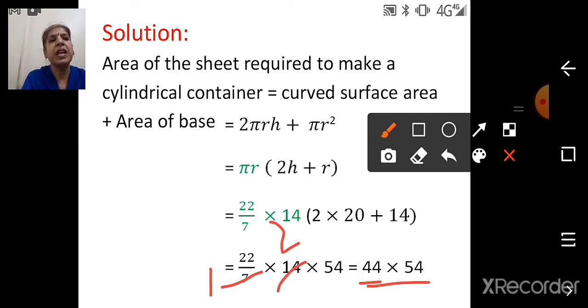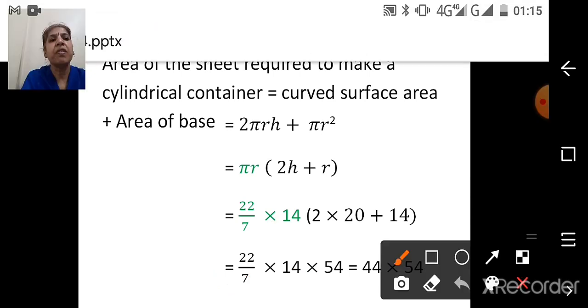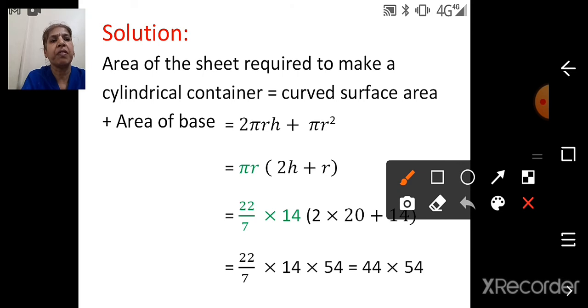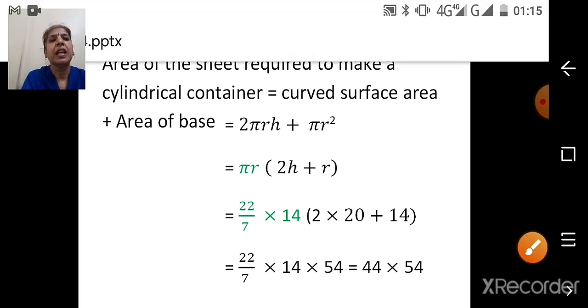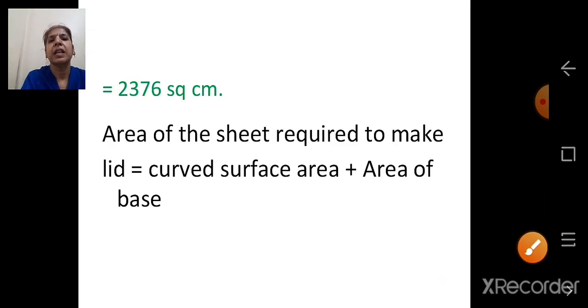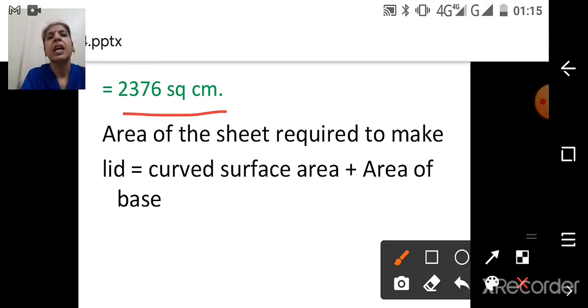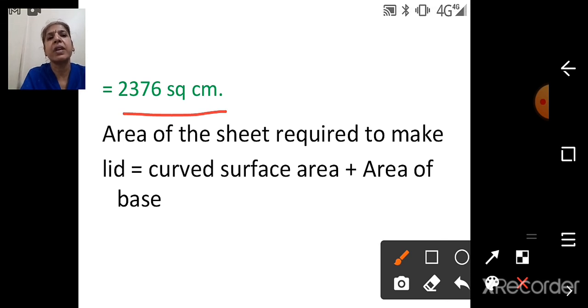So this is the way that we have got the answer, that is 44 into 54. Right? Now we have to multiply that. So multiply and you will get the answer 2376 square centimeter. And this is the answer of area, that is area of the sheet required to make the cylindrical container, which is open from one side.